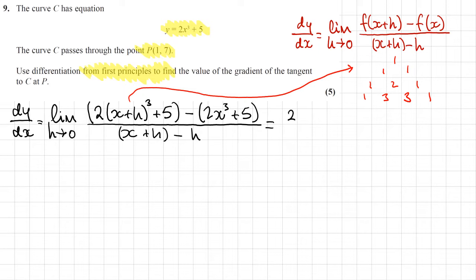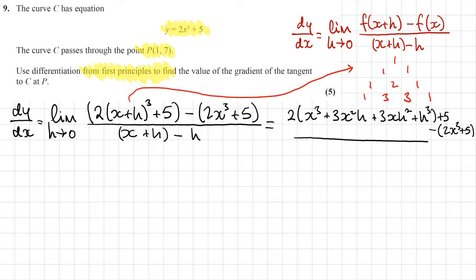So it'll be 2 lots of x cubed plus 3x squared h plus 3x h squared plus h cubed, plus 5, and then in the second bracket, minus 2x cubed plus 5, and that's all over, well, the bottom will just become h.